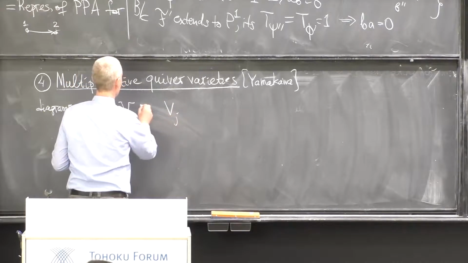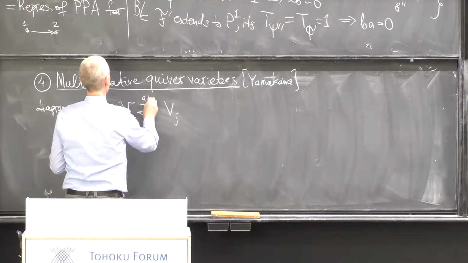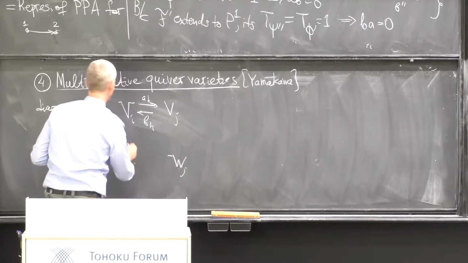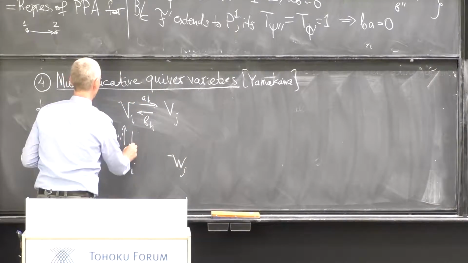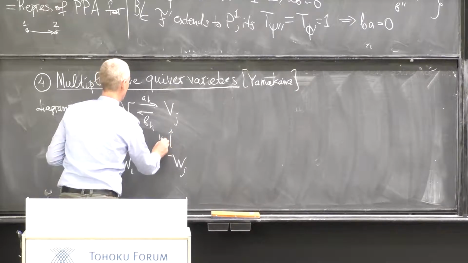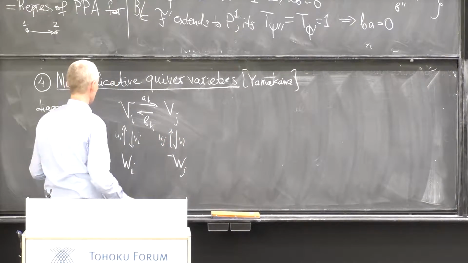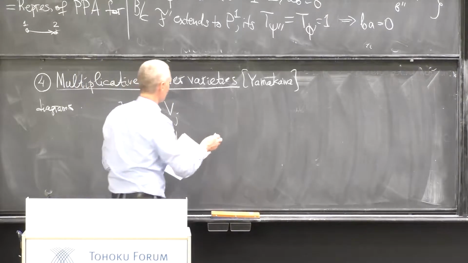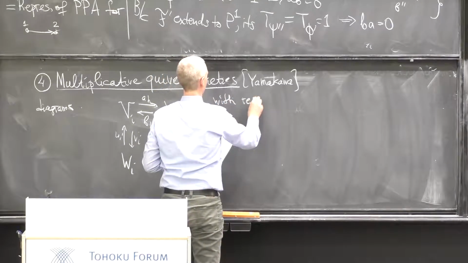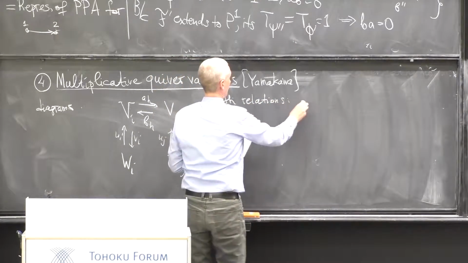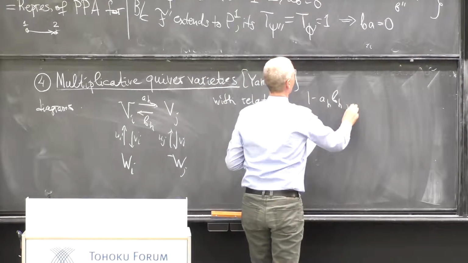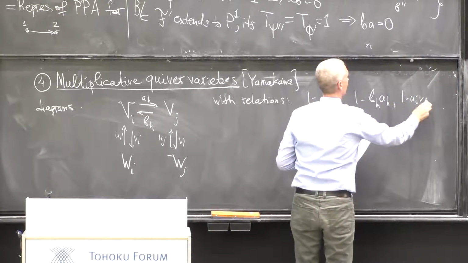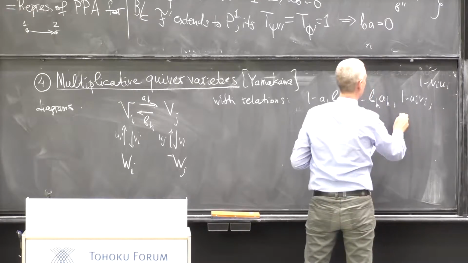VI, VJ, AIH, DH, J. So with the relation that everything which we can conceive of is irreversible, and 1 minus AH, 1 minus DH, AH, 1 minus UI, I, 1 minus DI, that's irreversible.